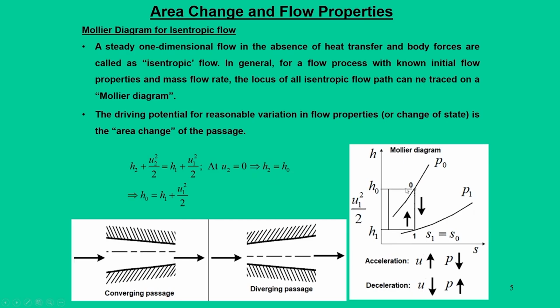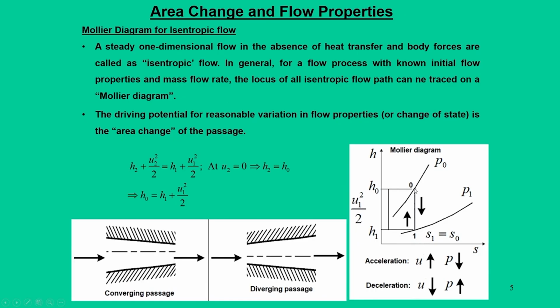Basically, at the initial state we have the total enthalpy available in the fluid, and it expands to a certain pressure. During this expansion process, if you assume it to be isentropic, then what we see is like this.